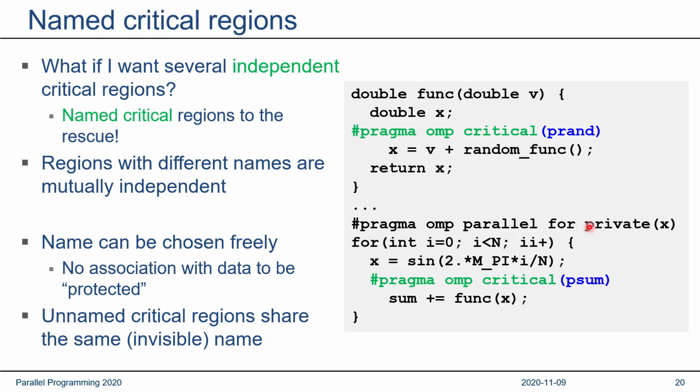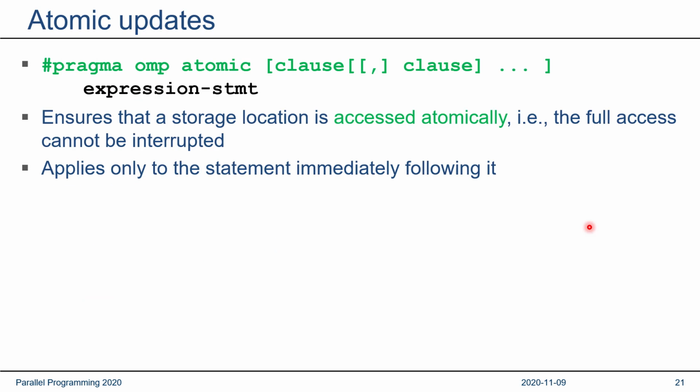The unnamed critical regions have an invisible name that is the same for all of them. So that's how you can imagine the unnamed criticals. The critical region is something that's very convenient to protect concurrent updates, but it's also quite inflexible. Apart from the naming feature, it's also quite costly sometimes, so we'll see examples for that later.